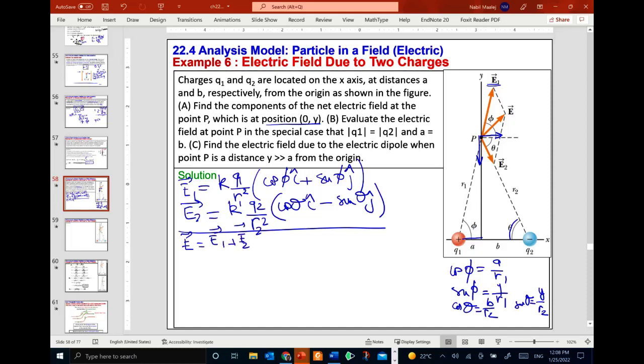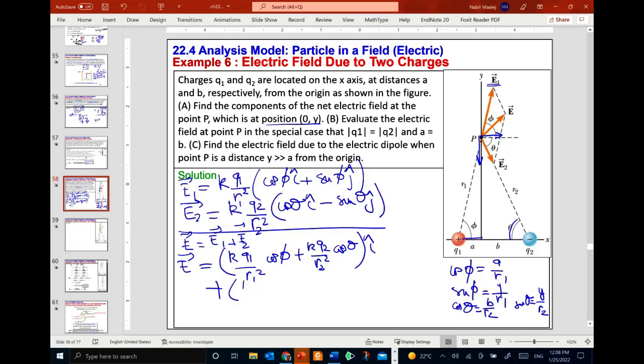So I can add the x components together and the y components together. E is equal to k q1 divided by r1 squared cosine phi plus k q2 divided by r2 squared cosine theta, all of this times i, plus now I add the y components.